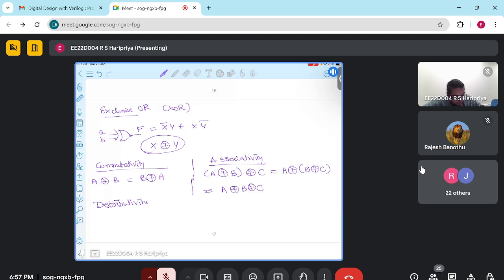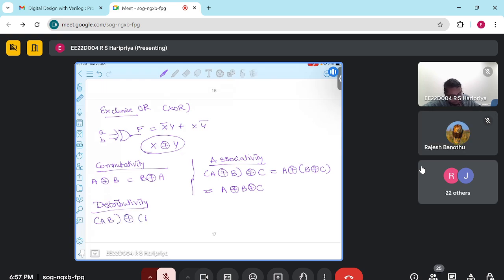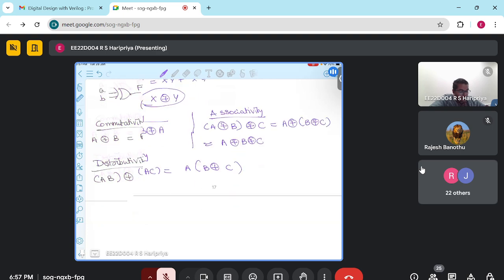And next is distributivity. So A(B XOR C) is equivalent to AB XOR AC.